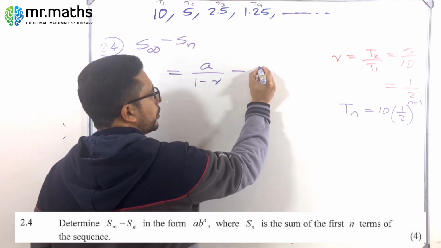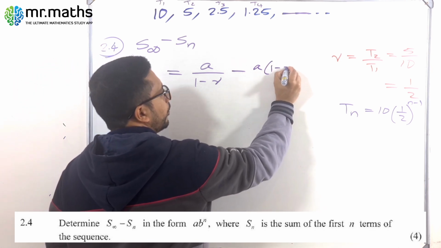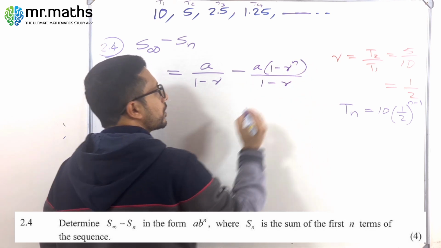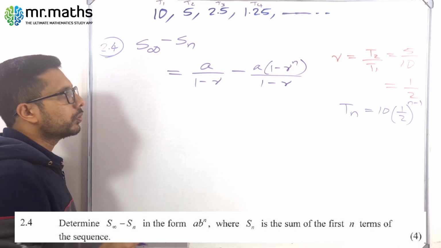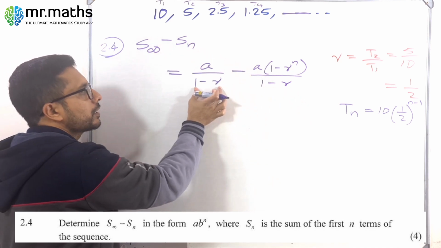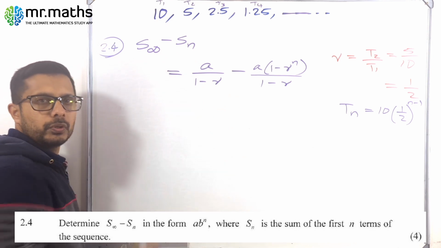There is another formula you studied, a into 1 minus r raised to n divided by 1 minus r. Am I right? So this one is the formula to find the sum of the first n terms, and this is the formula to find the sum to infinity.